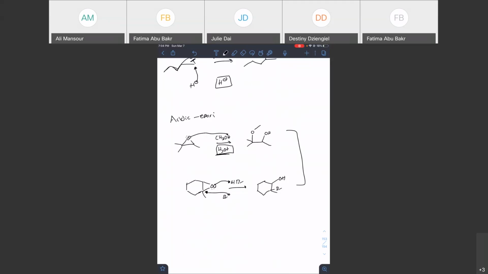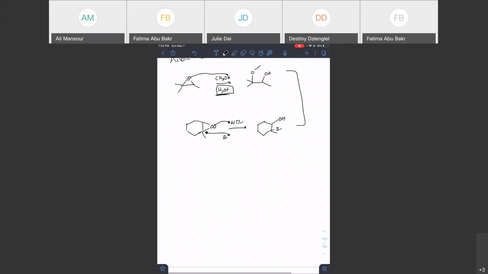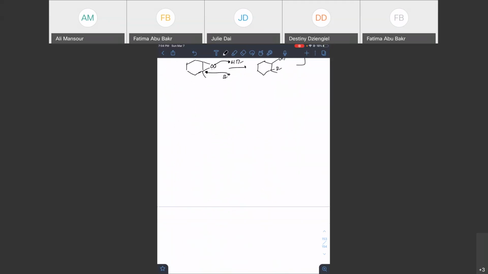So I'm going to talk to Dr. Sutton about the difference between acid and base epoxides. But in the meantime, if what JD said makes sense to you, then good. But if not, just memorize them. There's only 1, 2, 3, 4, 5, 6, 7, 8 possible reactions with an epoxy, so it's not bad at all.